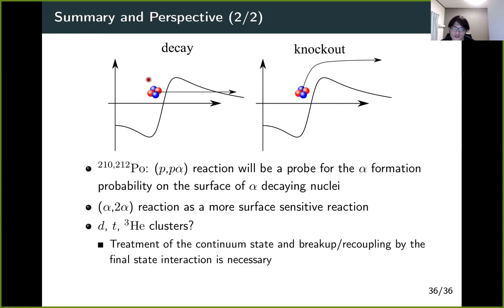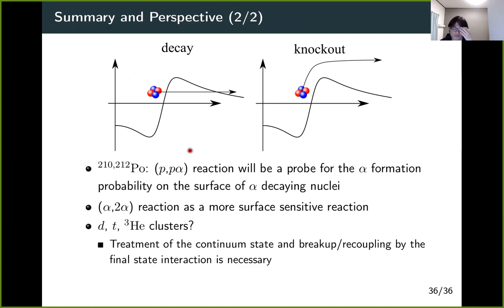As you know, in the alpha decay process, somehow the alpha particle is formed, then it penetrates the Coulomb barrier, with a very tiny probability, but at some point it penetrates and decays. But by doing a knockout reaction, we can hit these alpha particles and knock them out above the Coulomb barrier, so it's free from the penetration process.